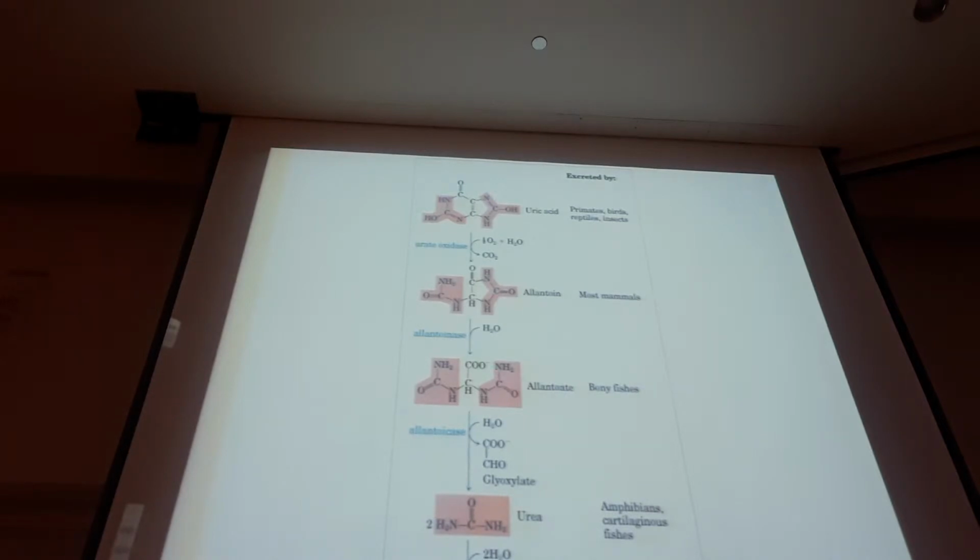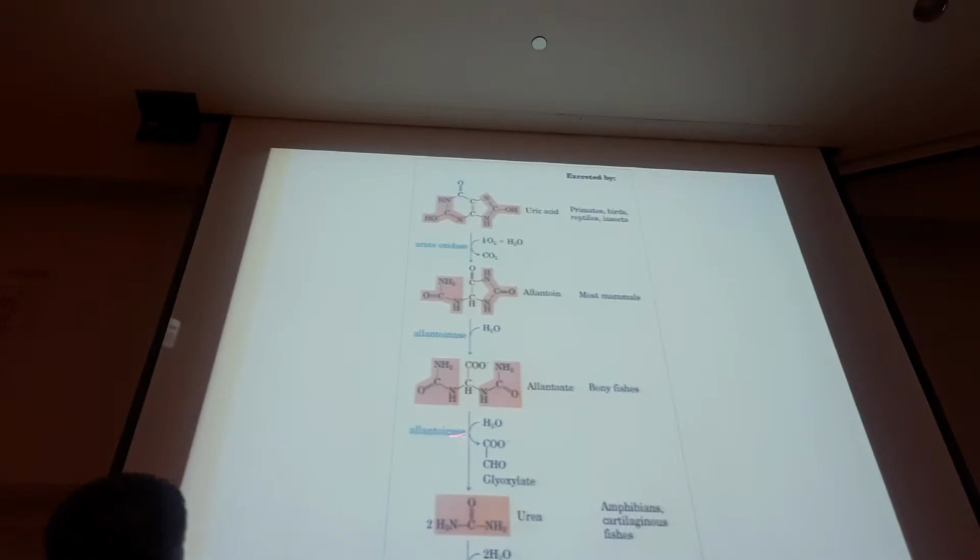But let's first talk about the other reactions that ultimately can lead to the production of ammonia that can be safely secreted by organisms that live in an aqueous environment, like marine invertebrates. But if we just look at the next step here, we see that hydrolysis actually at this point here, catalyzed by an enzyme allantoinase, can be utilized in bony fish to produce allantoate, okay?